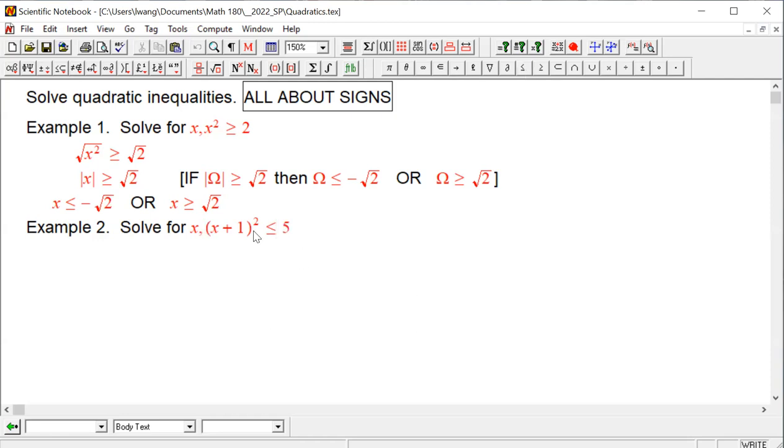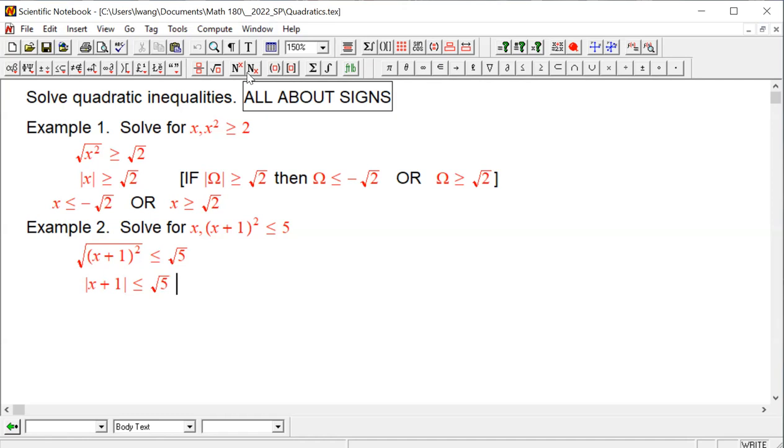In this case, you don't need to break it up or FOIL it. You just take this piece and take the square root on both sides. Then it's the absolute value on the left-hand side, which is x plus 1, less than or equal to root 5.